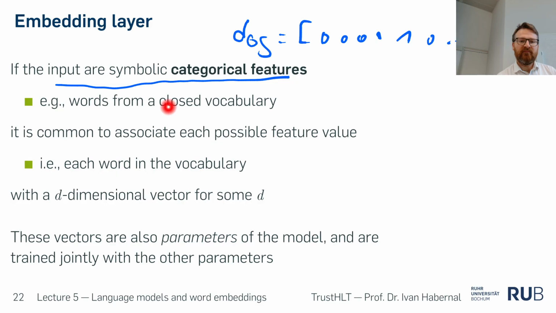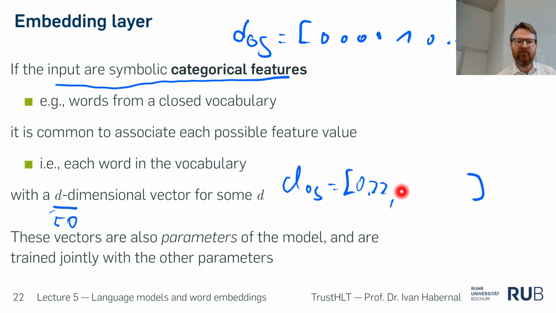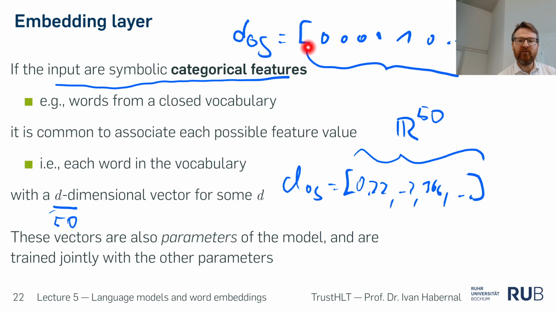And we want to turn this into a 50-dimensional vector, which would say the dog is something smaller, and there could be numbers like 0.25, minus 3, 365, and so on. But the dimensionality will be much smaller. This is the size of the vocabulary, and this is only 50.